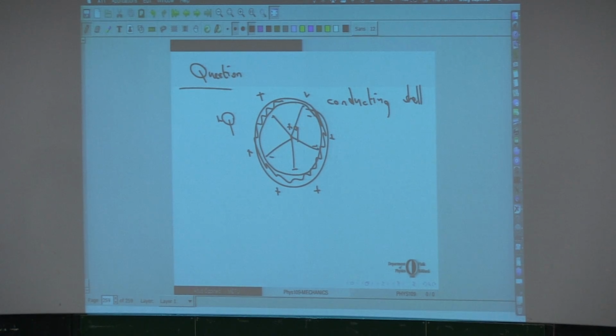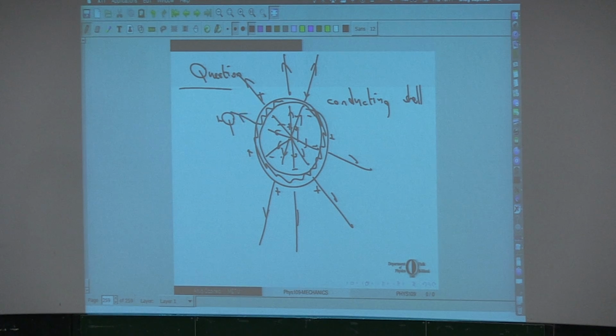So the electric field lines will go until the surface, terminate there on the negative charges, and then we will have new electric field lines on the outer surface. This is how they will look. Inside the conductor, there will be no electric field lines.